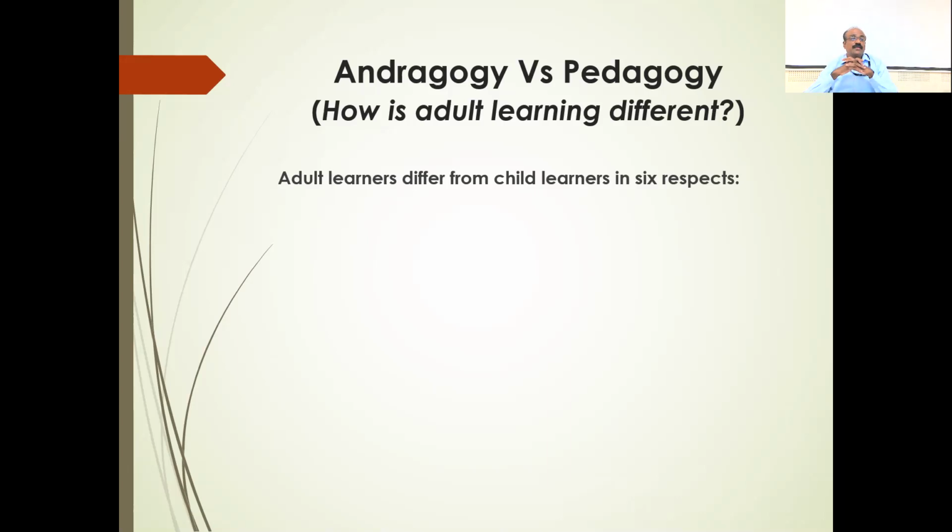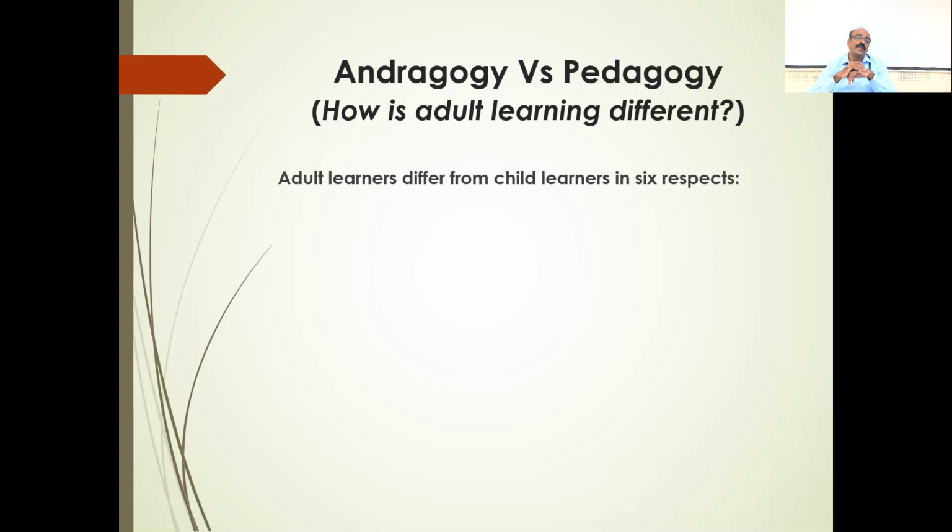Malcolm Knowles, an American practitioner of adult education, popularized the concept of adult learning as a theory and model in the 1970s. He is also known as father of andragogy. So andragogy is otherwise called as the science and art of teaching adult learners. Pedagogy is the science and art of teaching children.